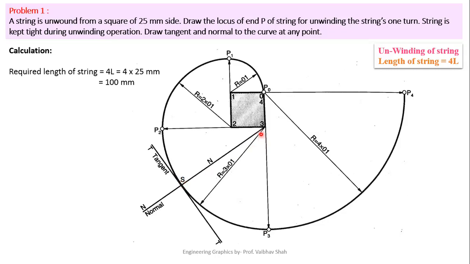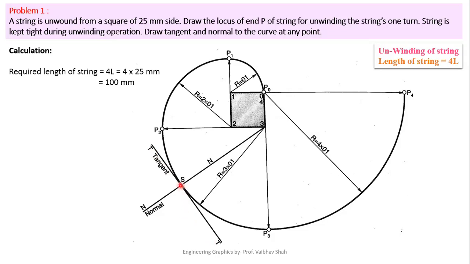So it is obvious that we have generated this curve between your P2 and P3 by taking 3 as the center and 3P2 as the radius. We have generated this curve. So we are currently standing on this point S, and point S is generated by your center 3. That's why we are connecting this point S to your point 3. You have to simply connect this line and extend this line. This is nothing but your normal, and when you draw a 90-degree line to this normal, you will have the tangent.